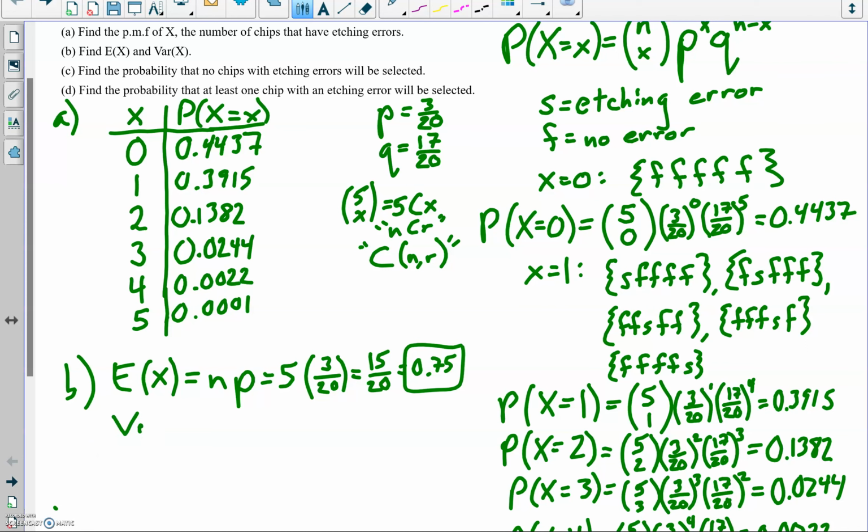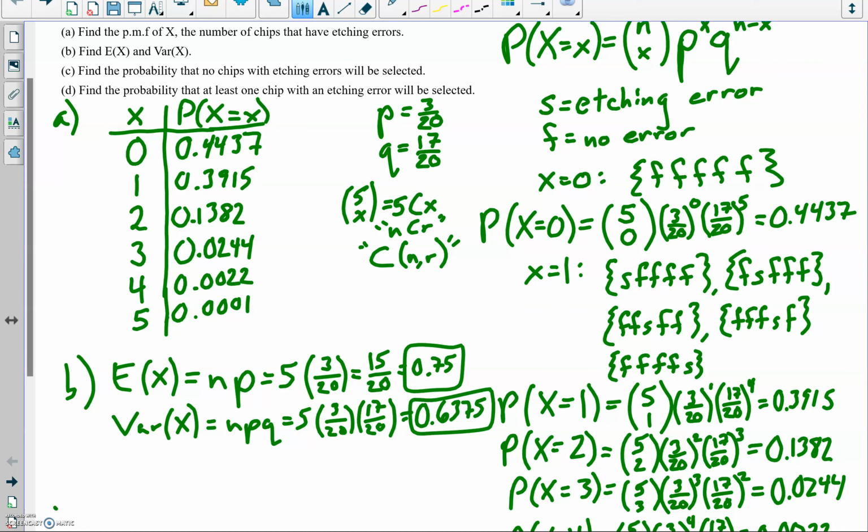That would be the errored chip. So for the variance of x, again, binomial has a special formula. It's npq. So we have 5 times 3 over 20 times 17 over 20. And the variance ends up being 0.6375. I'll go ahead and put all of those there.